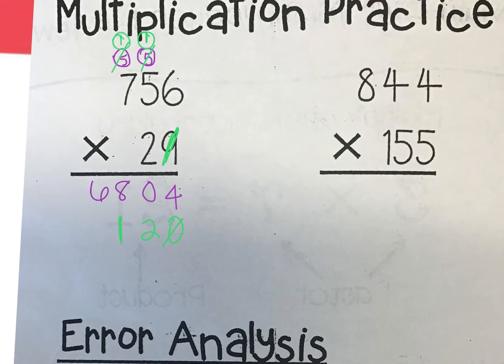Carry that 1 again up here. And then 2 times 7 is 14, plus the 1 that I carried is 15. Can you add that? Okay, now I'm going to add all that together. I'm going to add my two partial products.